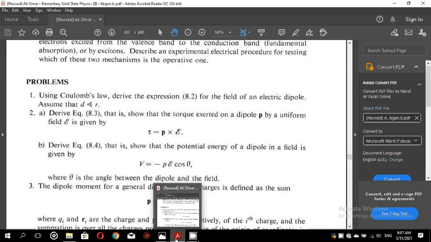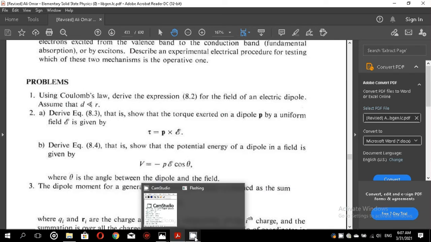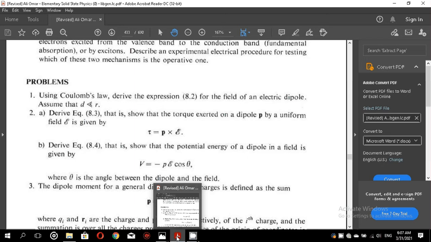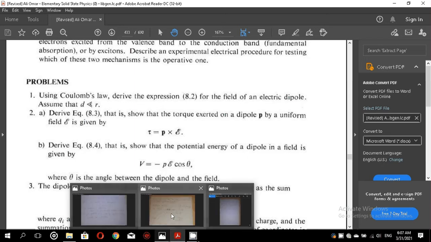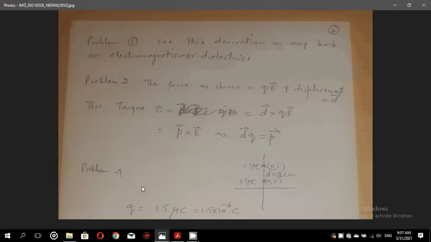So I have given the hints for this over here. See this derivation in any book on electromagnetism. The topic will be dielectrics. This derivation is a basic one, and you can find it in any book on electromagnetism.